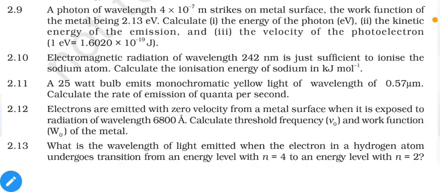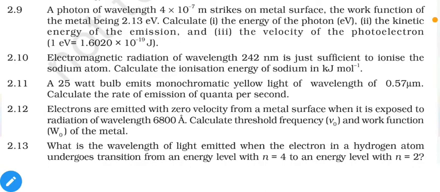Now we got the energy of the photon, but it is in joules and we need to find it in electron volts. So how can we find it in electron volts? The relationship is mentioned in the question: 1 electron volt is equal to 1.6020 into 10 raised to minus 19 joules.